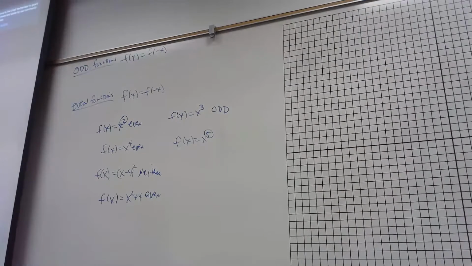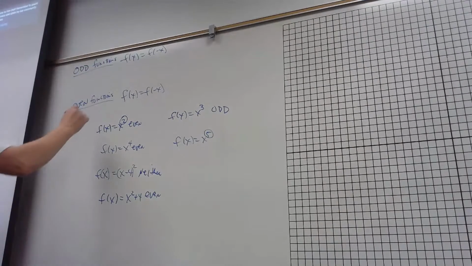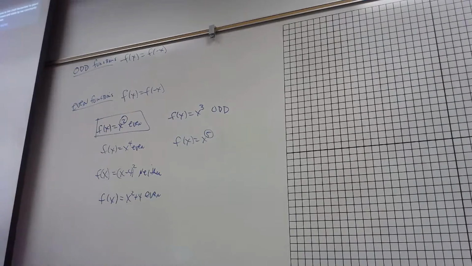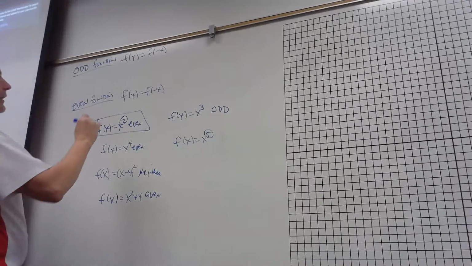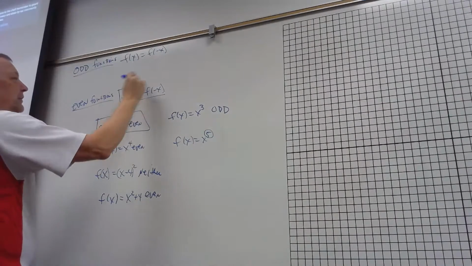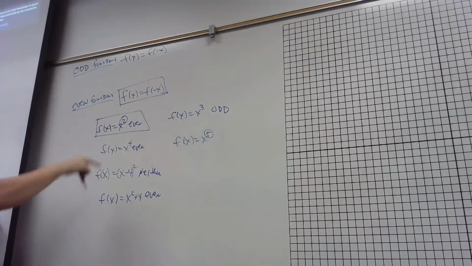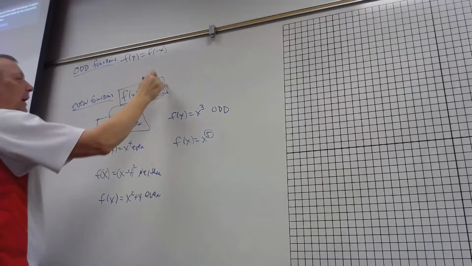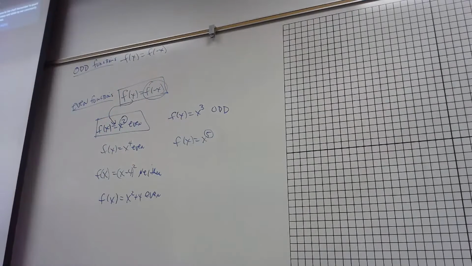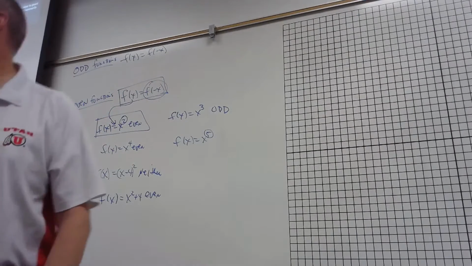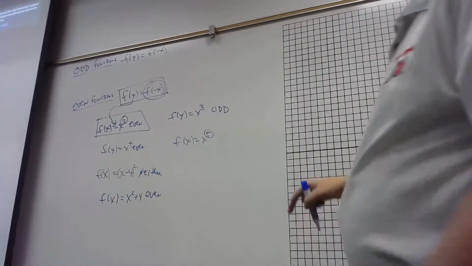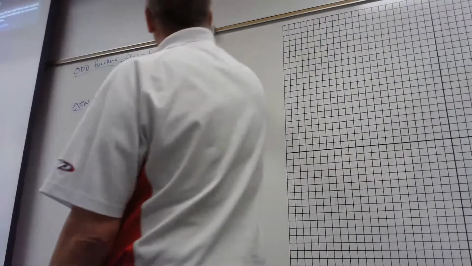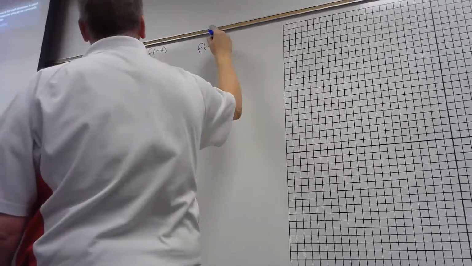Let's start with the nice, easy one here. F of x equals x squared. I said I'm going to guess that it's even. In order to prove that it's even, I need to show this relationship. I've already got f of x right here. I need to find f of minus x. Landon, what is f of minus x?